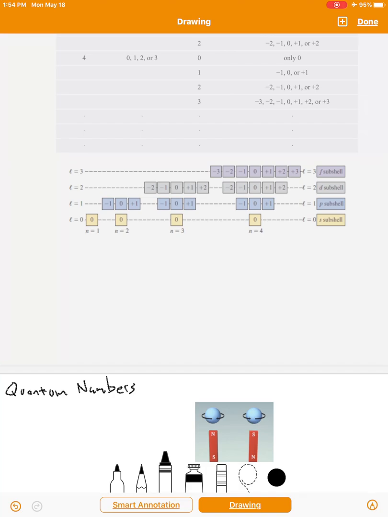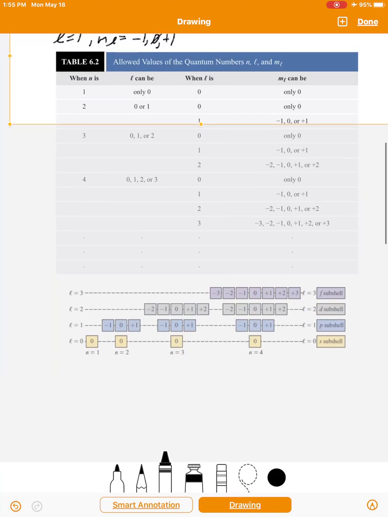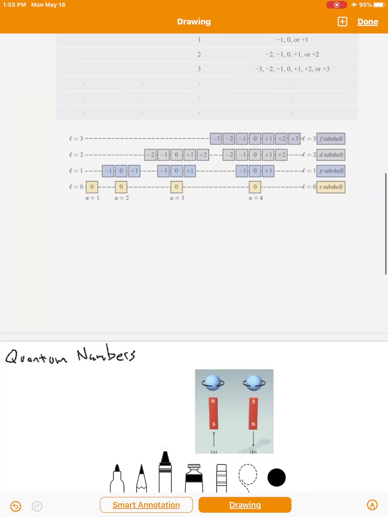For n equals 3, you could have L equals 0, or L equals 1, or L equals 2, and all the M sub L values are shown there, all the way up to n equals 4. So that little table at the top is represented using these little box diagrams. These little box diagrams are not a bad way to represent it. We'll see when we start looking at electron configurations that these boxes are a good way to represent atomic orbitals.